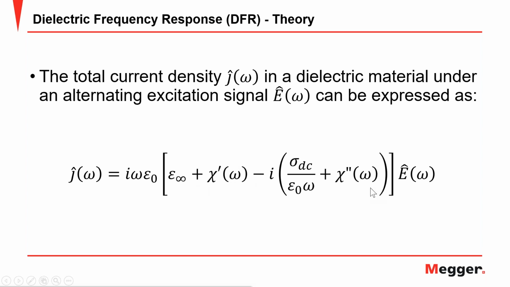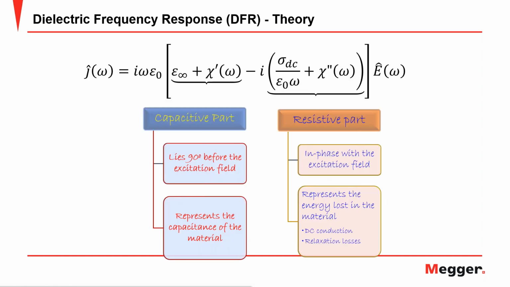So when we look into the function of frequency of this current density as a polarization process, we will identify now two components. On this side, you can see that we are looking into the capacitive component of the complex permittivity of the system. And this is basically what we look, and it's directly correlated to the capacitive real component. When we look into the right-hand side here of the complex permittivity, now you see that this corresponds to the resistive component.